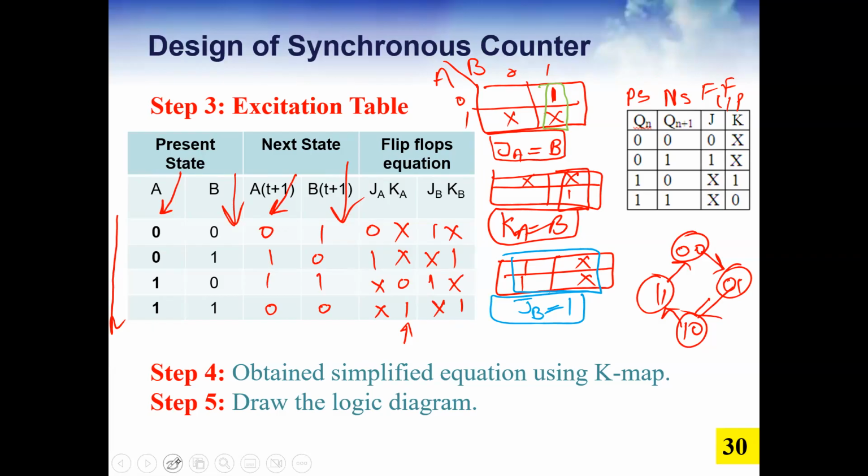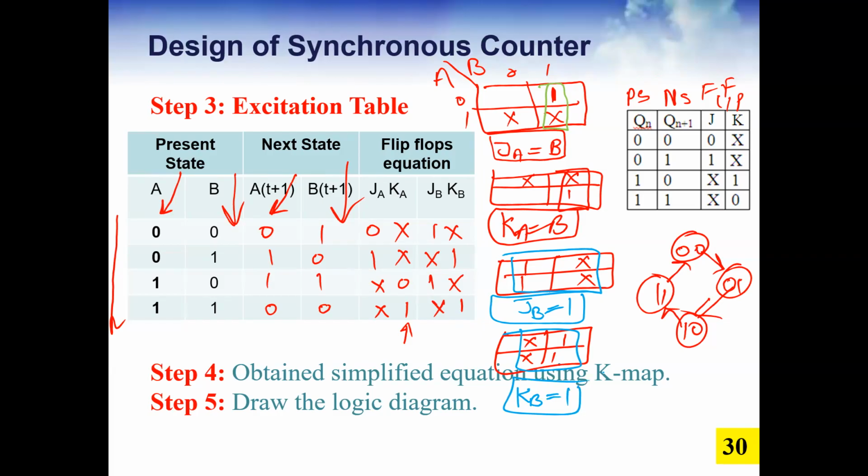And then same, we can go for the last K-map for the KB, and don't care 1, don't care 1. Again, a completely filled K-map. So it is a group of 4 again, and you will be having KB is equal to 1.